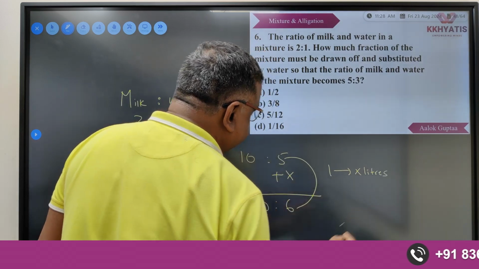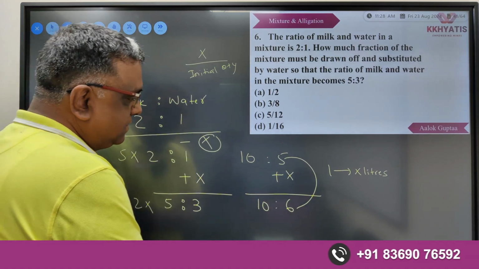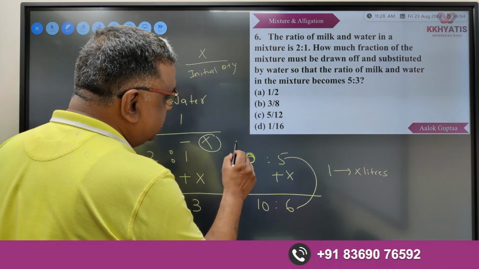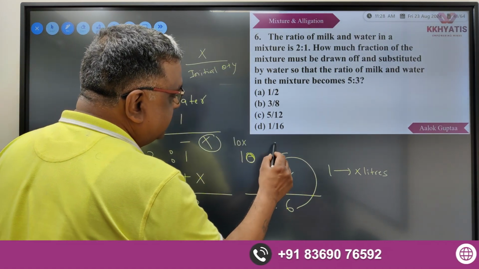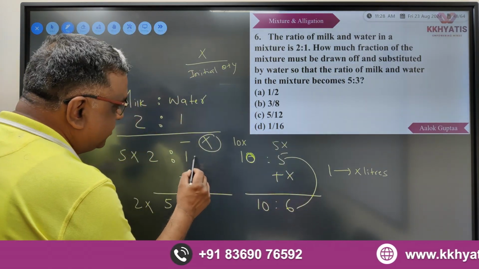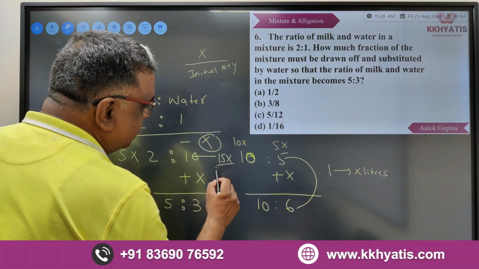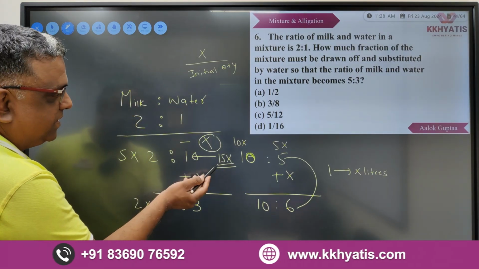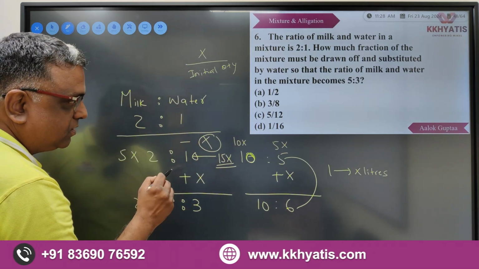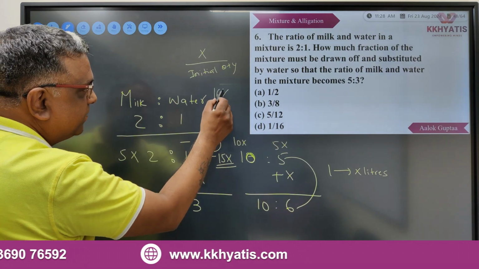Yes or no? If 1 represents x liters, this would have been 10x and this would have been 5x. So the quantity here should have been 15x, right? And this 15x is after x was removed from the original. So how much will the original be? 15x plus x, 16x.